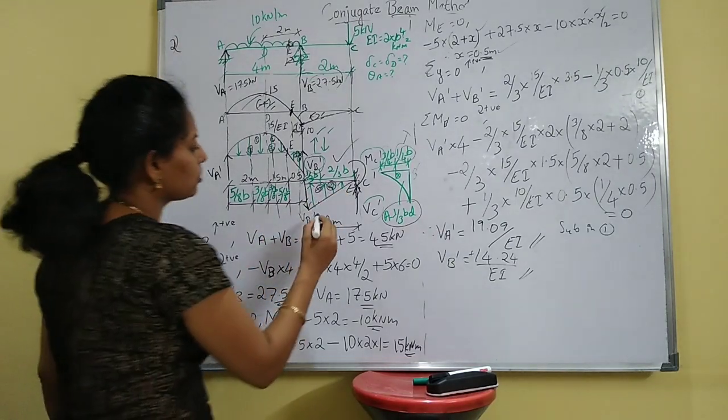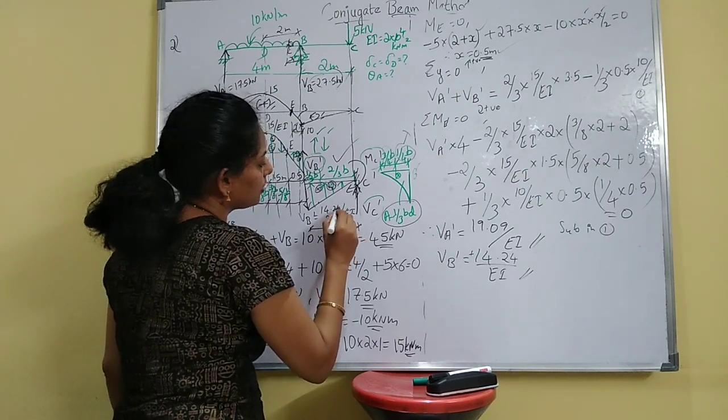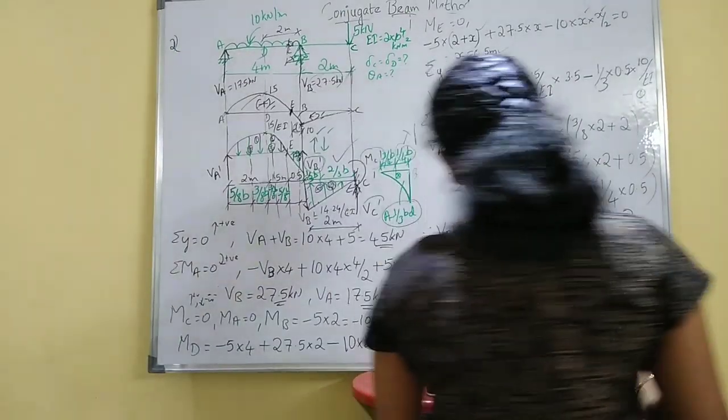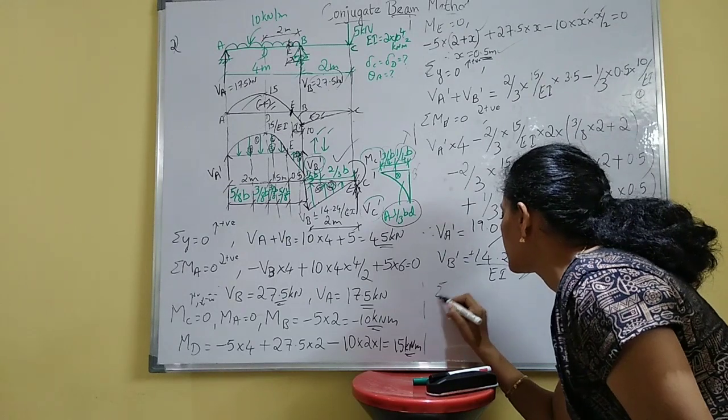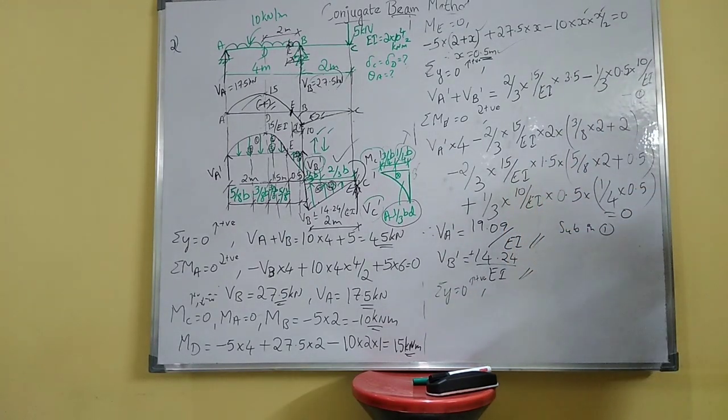Here VB dash is known now, that is 14.24 by EI. So directly you can take for the diagram summation y equal to 0, upward as positive.